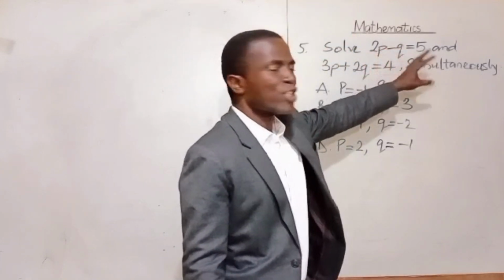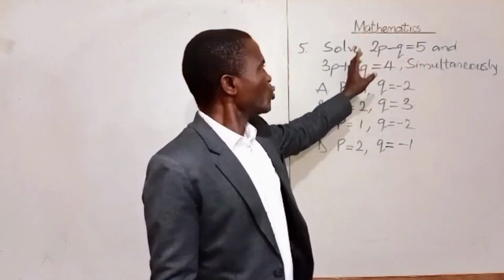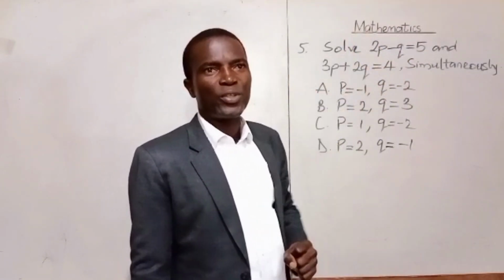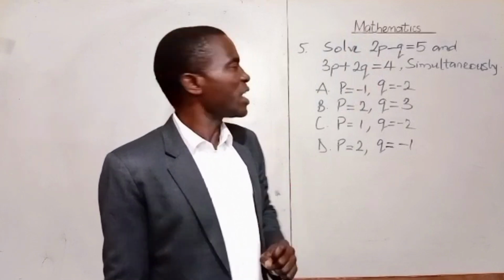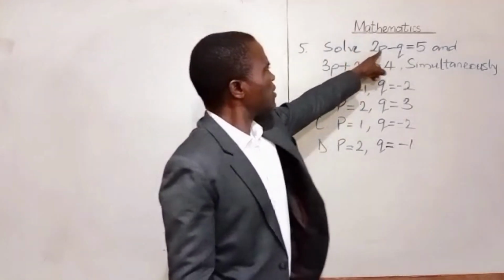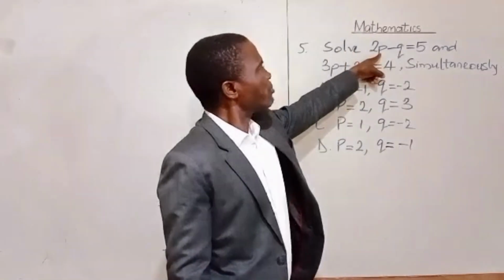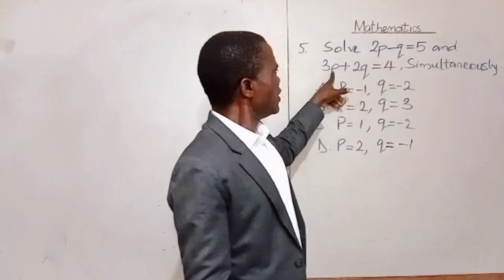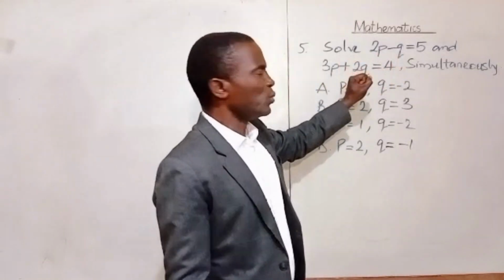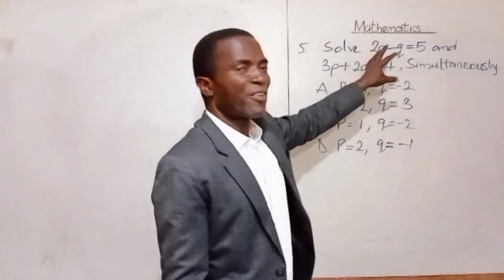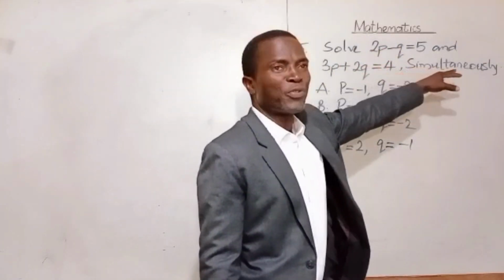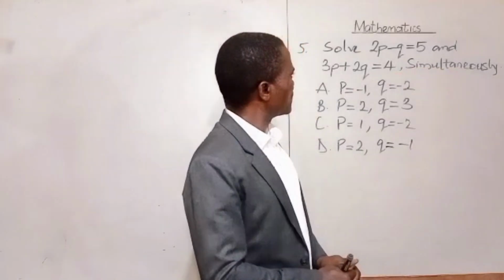But in simultaneous equation, there are 2 unknowns that we have to look for their values at the same time. So here is letter P unknown, letter Q unknown. P and Q, they are unknown, and we are to look for their values at the same time. That is the meaning of simultaneous equation.